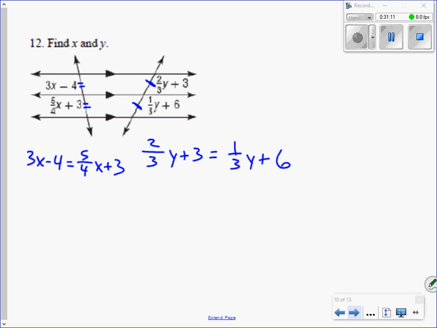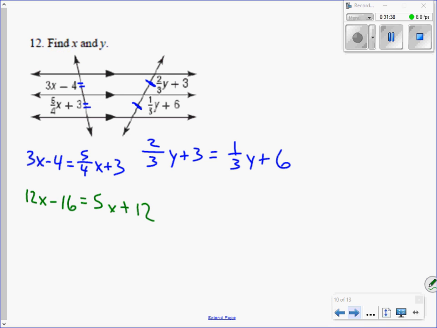But that means the 3x needs to become a 12x. The minus 4 needs to become a minus 16. But what happens to the 5 fourths x is it becomes just 5, because 5 fourths times 4 makes the 4's cancel. And then the 3 times the 4 is 12. Now that looks a little bit easier for me to work with. The numbers are bigger, but I don't have any fractions.